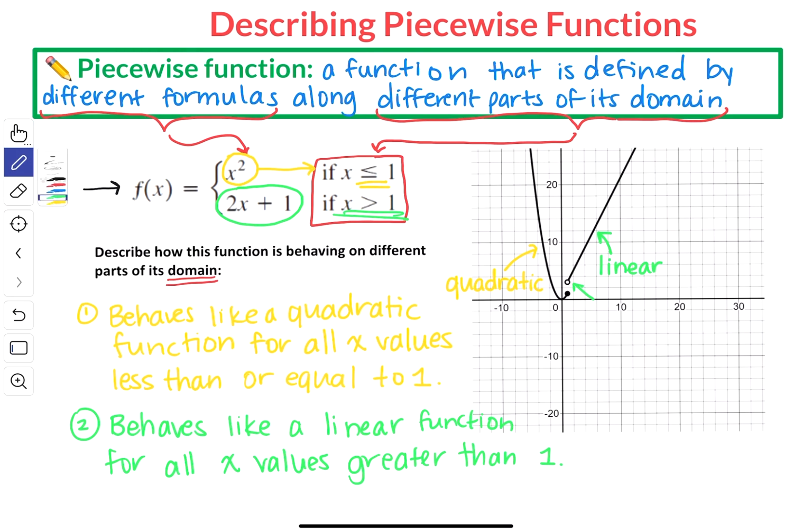And again, notice here that in my quadratic I had my exponent, and then you're going to break down describing that function into the different pieces of your graph and of the domain. So if we had a third point here, you would have a third statement about how the function is behaving.